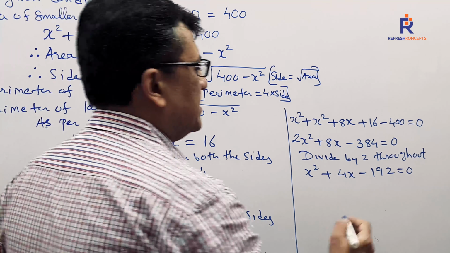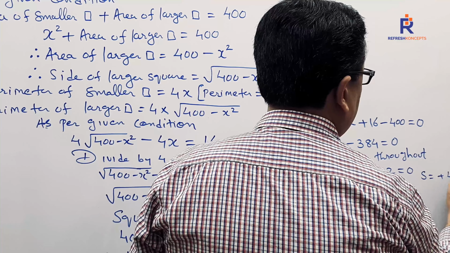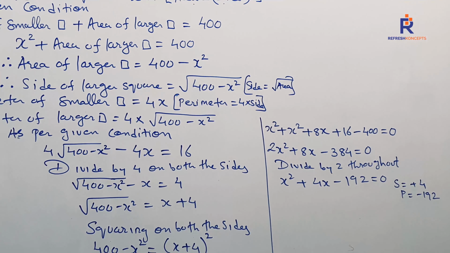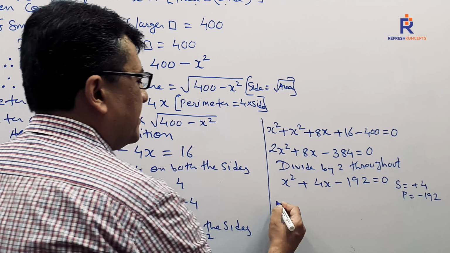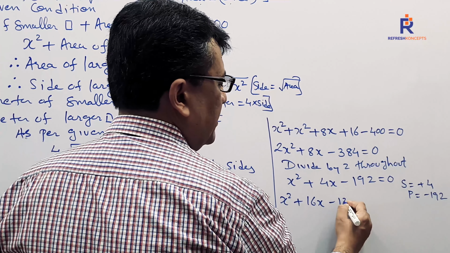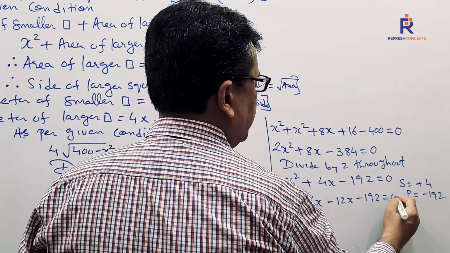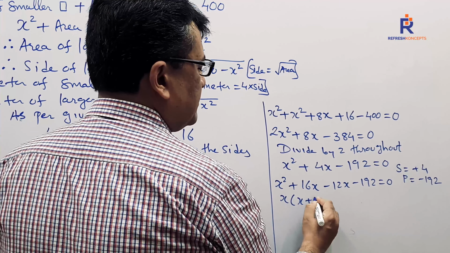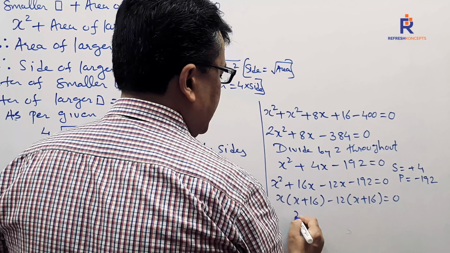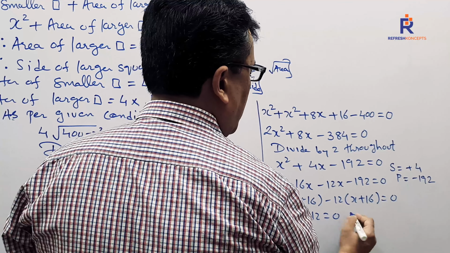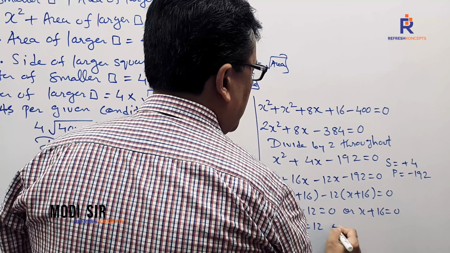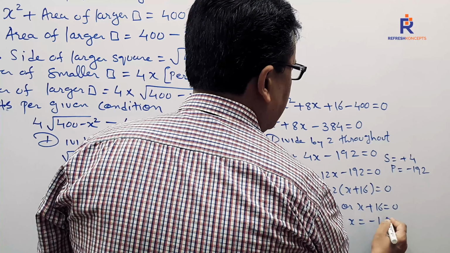Children, now my sum is plus 4. My product is minus 192. Any idea what are the numbers? 16 and 12. So x square plus 16x minus 12x minus 192 equals 0. x into x plus 16 minus 12 into x plus 16 is 0. x minus 12 is 0, or x plus 16 is 0. x equals 12, or x is equal to minus 16.